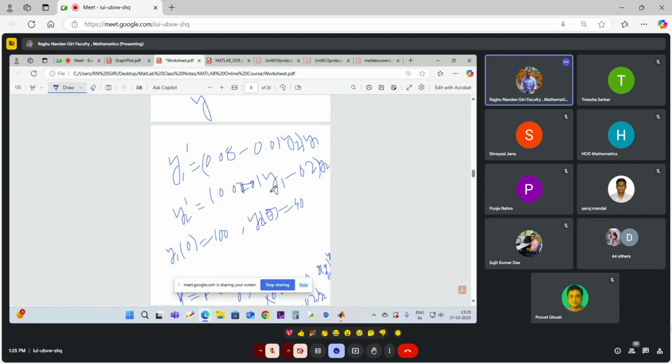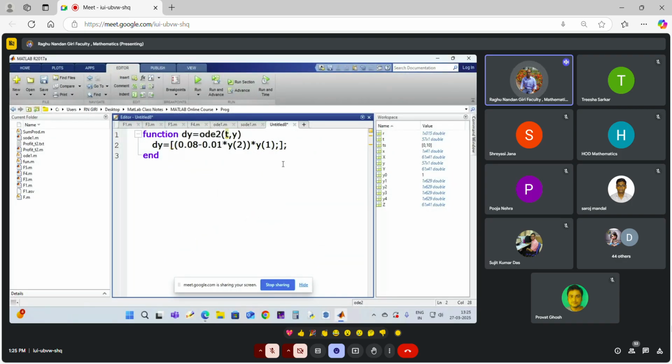The second one is 0.0001 into y1 minus 0.02 whole into y of 2.